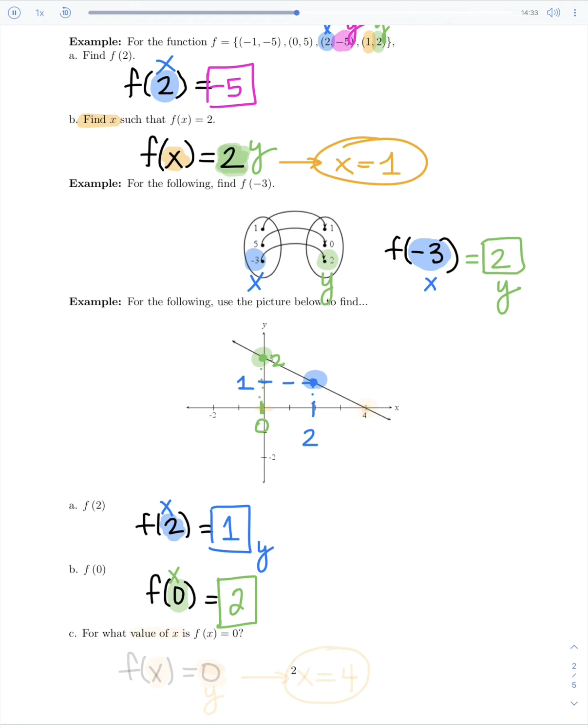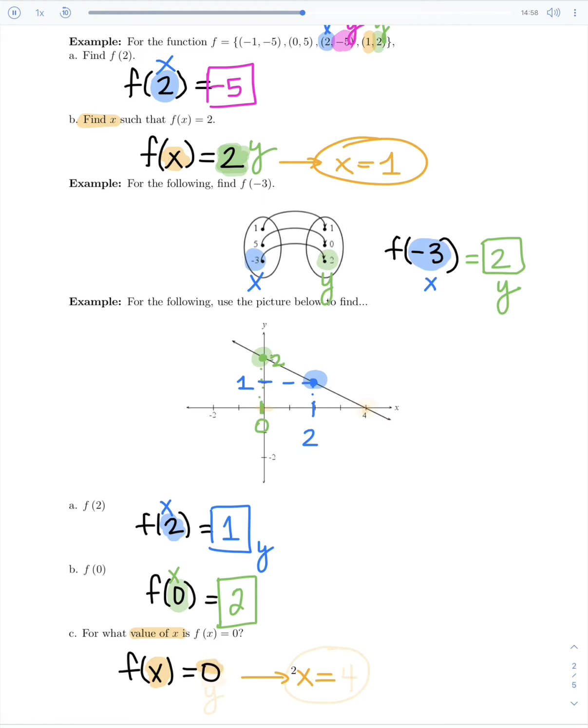Okay, last one. Last one, they tell us that f of x equals 0. So notice that on this one, your x is blank. That means you're trying to find x. So that means my answer should be an x value this time for the first time in this problem.